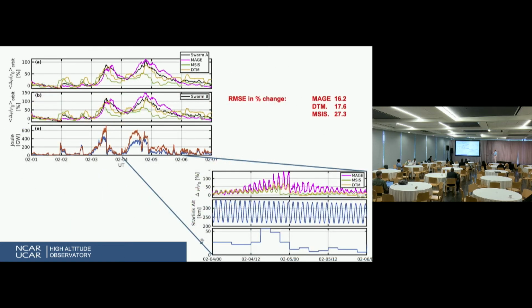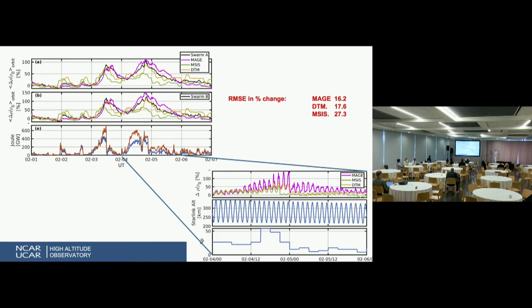Lastly, I just want to present the SpaceX storm simulation. This is the Swarm A observation, which is the black line. This measures the density, and this is the MSIS here, and the DTM is another empirical model. So we just compare the model neutral density on Swarm at an altitude of 400 kilometers or so.